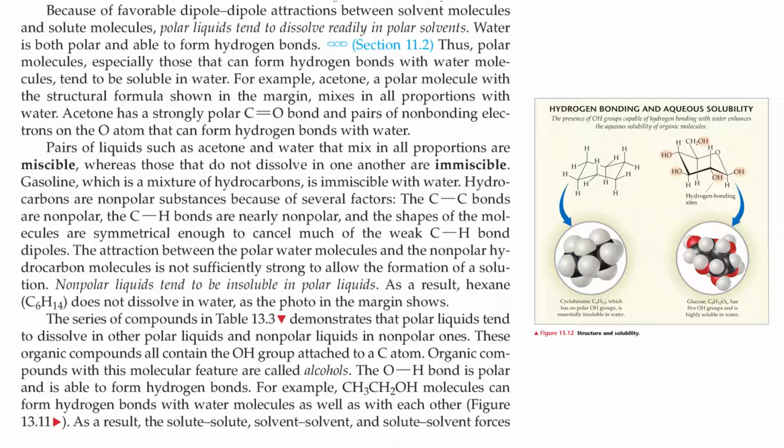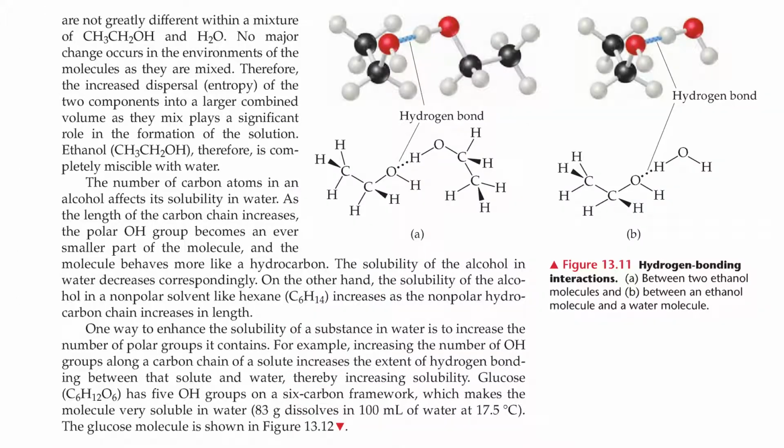Organic compounds with this molecular feature are called alcohols. The OH bond is polar and is able to form hydrogen bonds. For example, ethanol molecules can form hydrogen bonds with water molecules as well as with each other. As a result, the solute-solute, solvent-solvent, and solute-solvent forces are not greatly different within a mixture of ethanol and water.